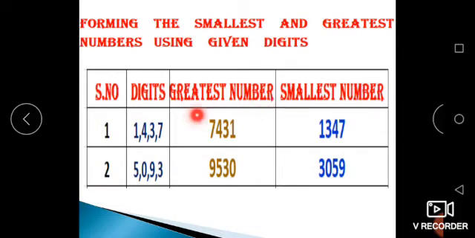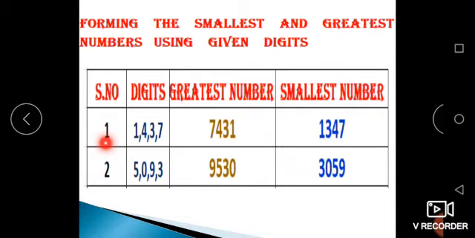To form the biggest 4-digit number, arrange the given digits in decreasing order; it is called the greatest number. Next, to form the smallest 4-digit number, arrange the given digits in increasing order; it is called the smallest number.